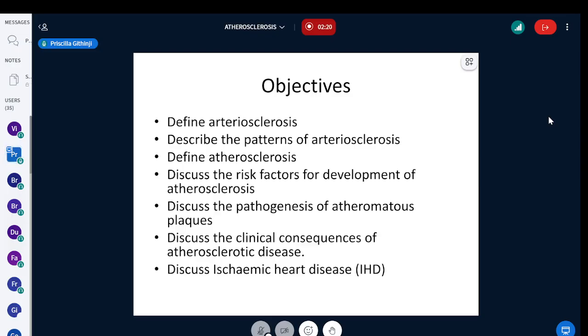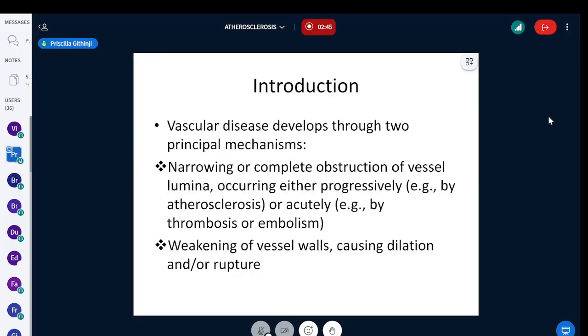We'll discuss the risk factors for the development of atherosclerosis, how you actually form it, the pathogenesis of this disease, then look at the clinical consequences. One of the clinical consequences is ischemic heart disease, which we shall cover in detail today.